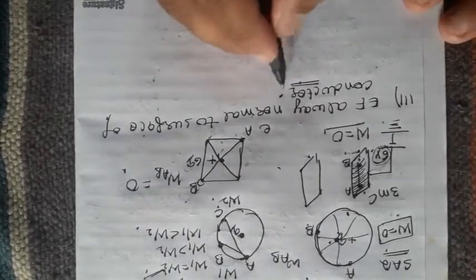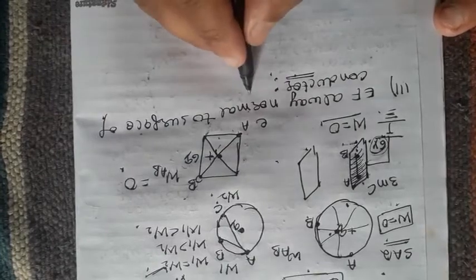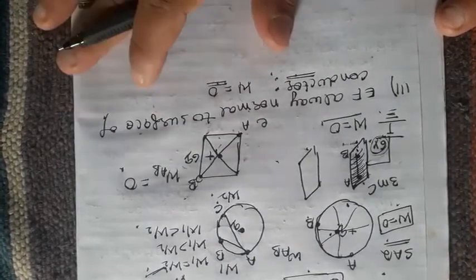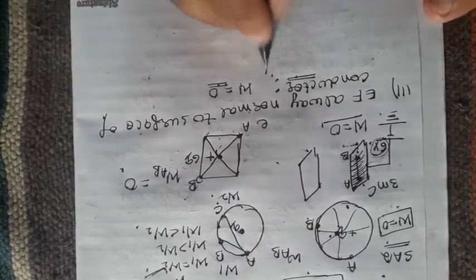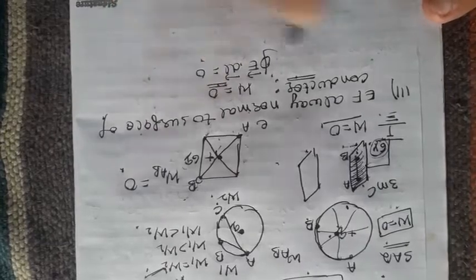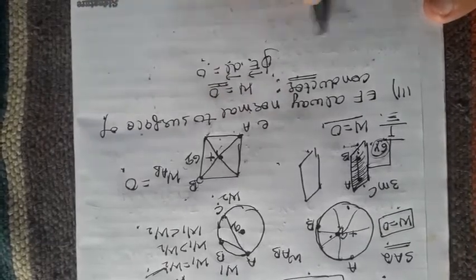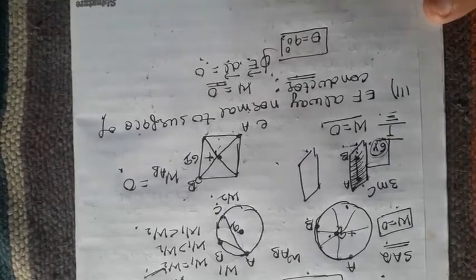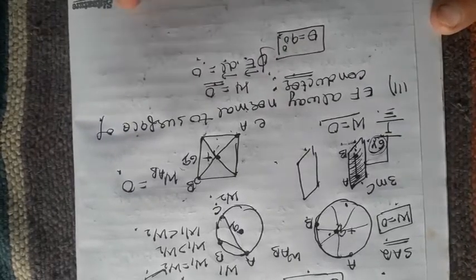Why? I justify. I already proved that work done is equal to 0 on an equipotential surface. Now also the work done is given by E vector dot dl vector. This is also 0. Now if the dot product is 0, what will be theta? Then theta will be 90 degrees. That is why it is so.